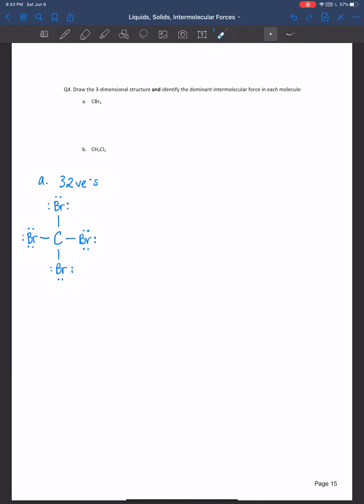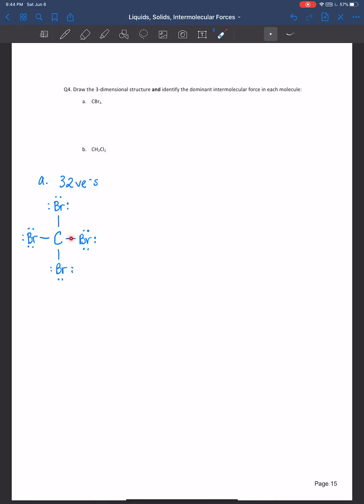How many electrons have I drawn in total? I've drawn in 32, so this is 8, and 8 times 4 is 32. No leftovers, so no lone pairs on the central atom, and the central atom already has an octet, so we're good to go here.